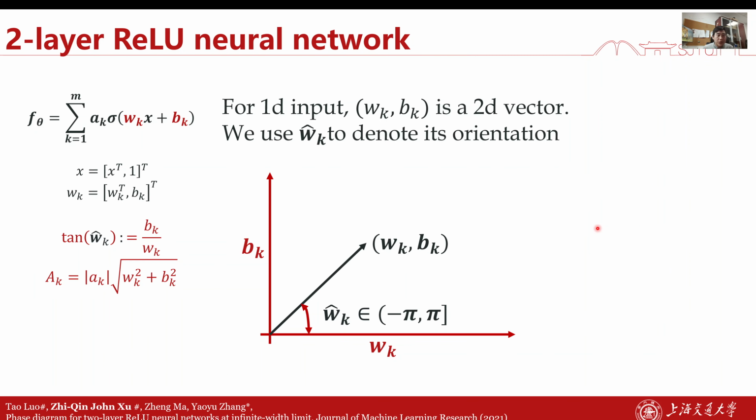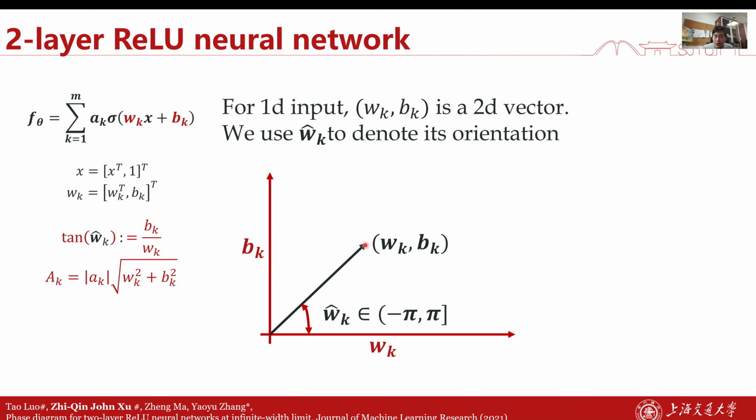So we will focus on how this input weight evolves during the training. We still abuse the notation here. The input weight and bias are explicitly written out here. For one-dimensional input, we can write this W and b in two-dimensional coordinates.